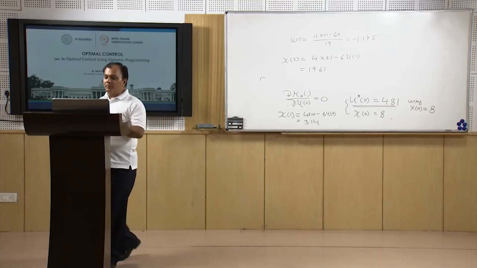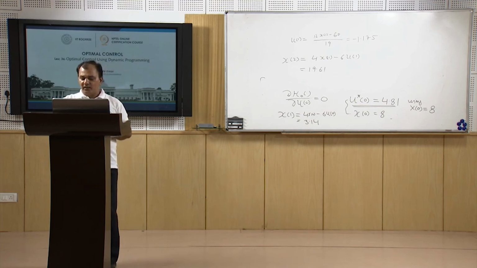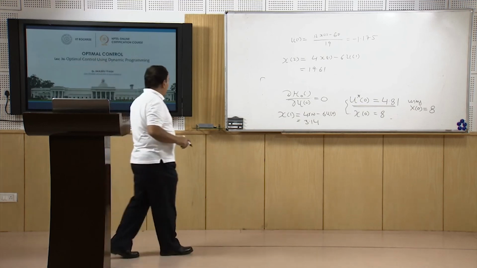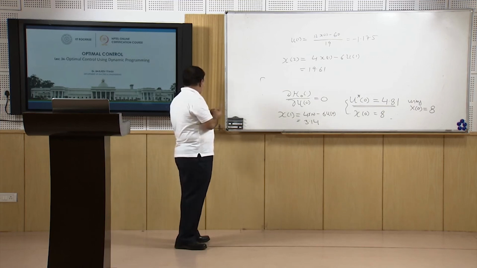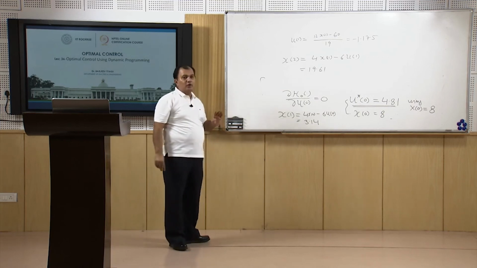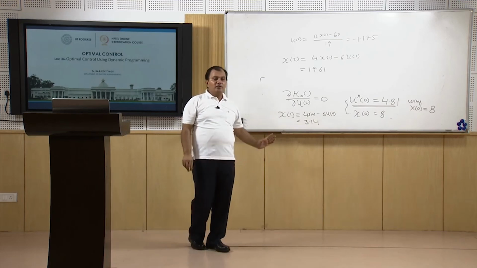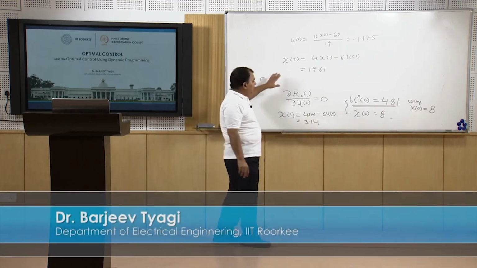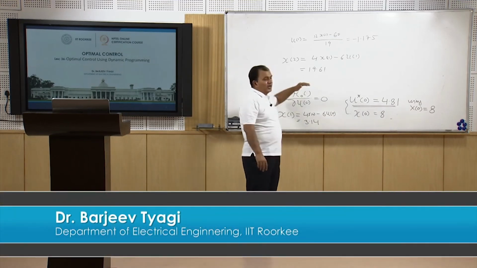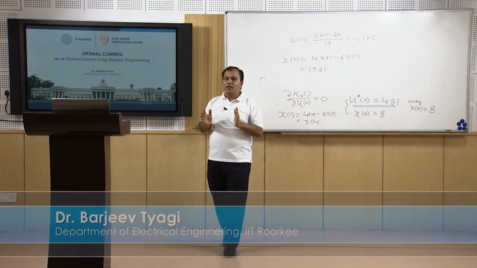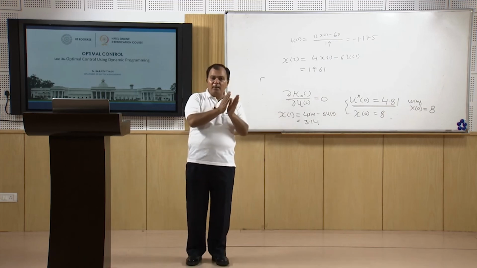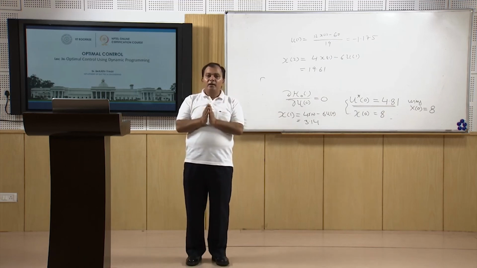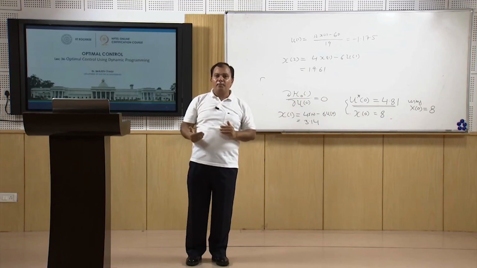So, by this example we can see how we can apply dynamic programming to determine the optimal value of u and the optimal value of the state, and with these values at each step we can also calculate the optimal cost.